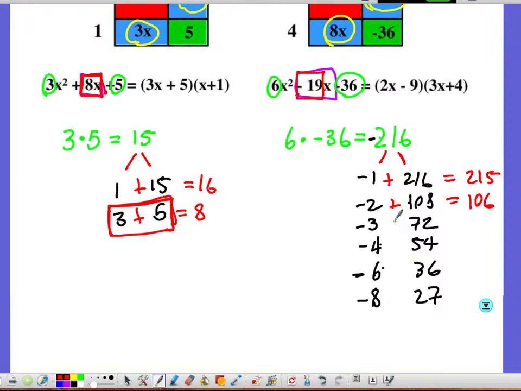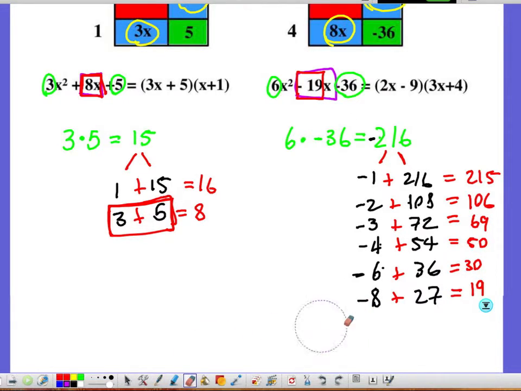Okay, so still not close to negative 19. This one is going to be 69. That's going to be 50. Looks like we're getting closer here. This is going to be 30. Take a look at this one. Negative 8 plus 27 gives me 19. It's very close, but what I'm looking for is negative 19.